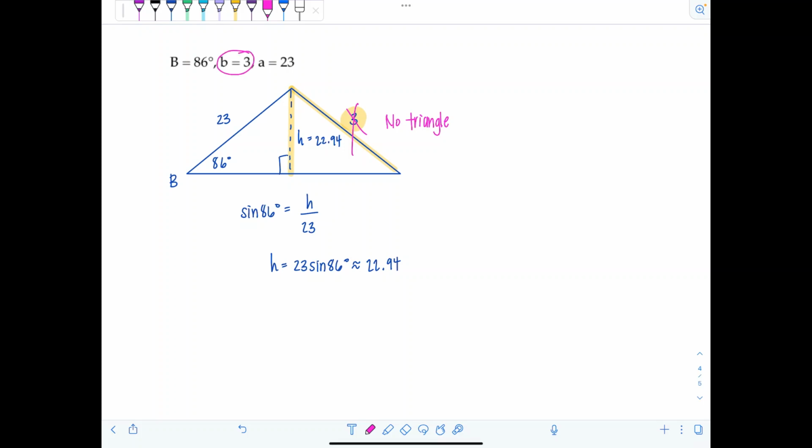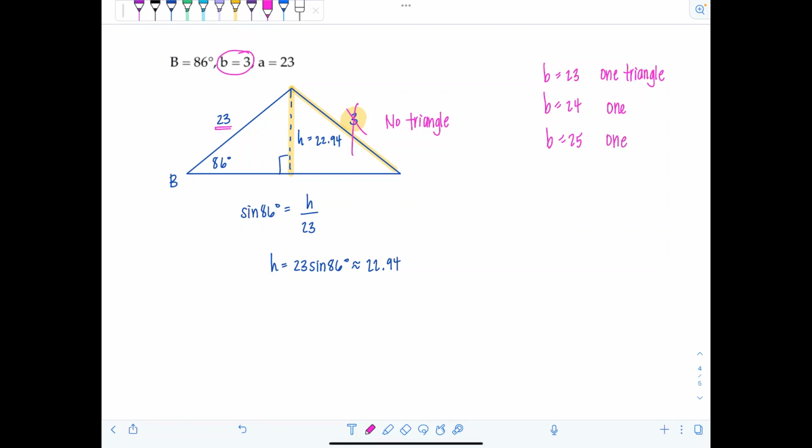If B was 23 instead of 3, that would work, and you would have just one triangle. So if B was 23, you'd have one triangle. Or if B was even 24, you'd have one triangle. If B was 25, you'd have one triangle.